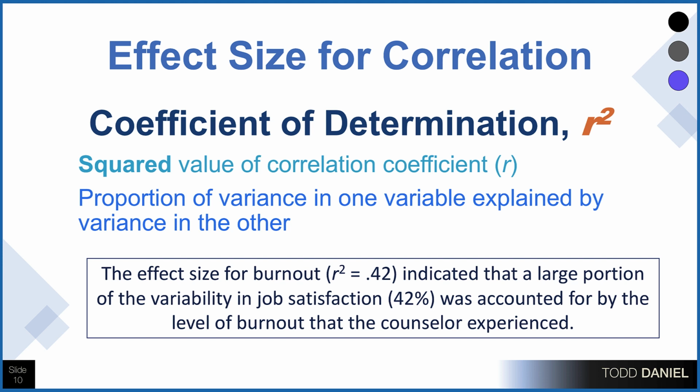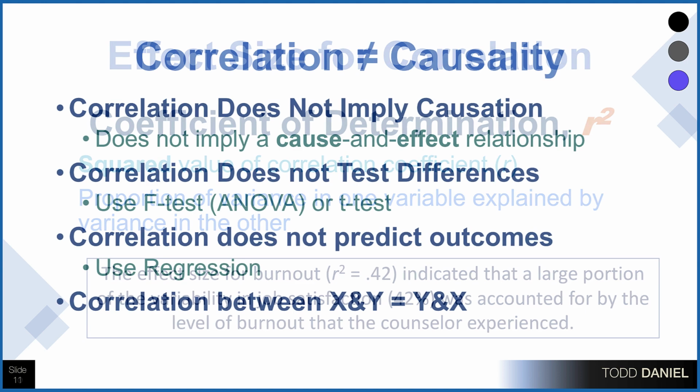So if we were talking about the relationship between burnout and job satisfaction, we might say that the effect size for burnout, with an r squared of 0.42, indicates that a large portion of the variability in job satisfaction, specifically 42%, was accounted for by the level of burnout that a counselor had experienced.